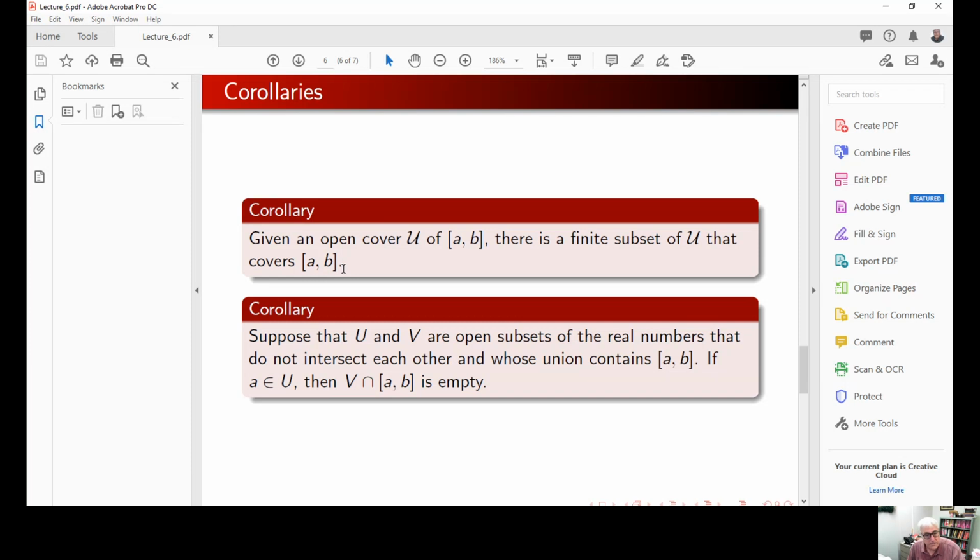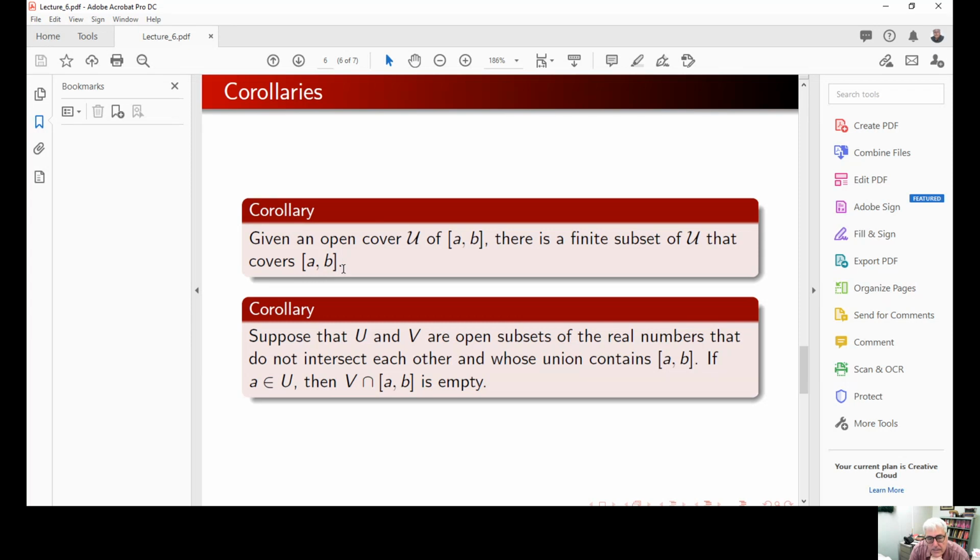By the previous theorem, there is a K so that any subinterval of this is contained in some element of U. There are only a finite number of subintervals, and each of these must be contained in some element of U. So there's a finite number of sets. Take this finite number of sets. Since they cover all of the subintervals, they'll have to cover the whole interval itself.